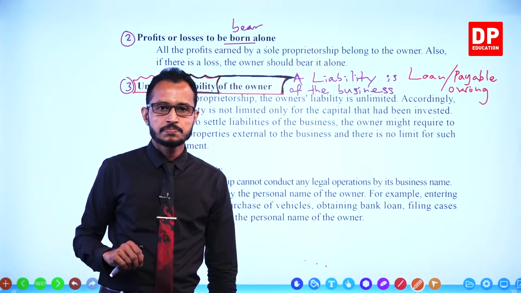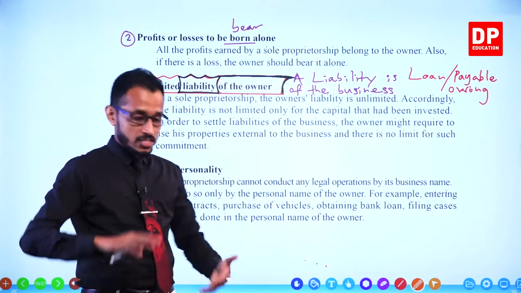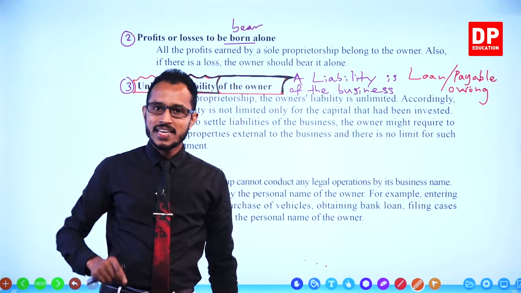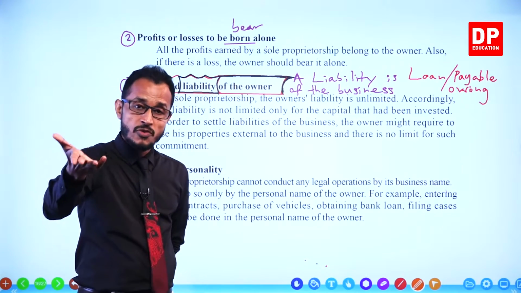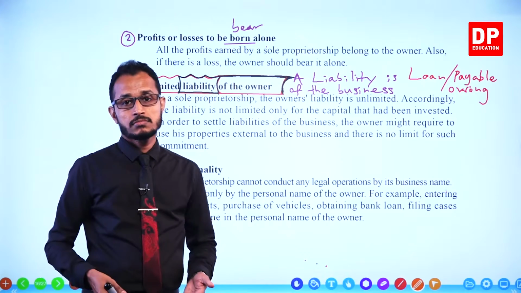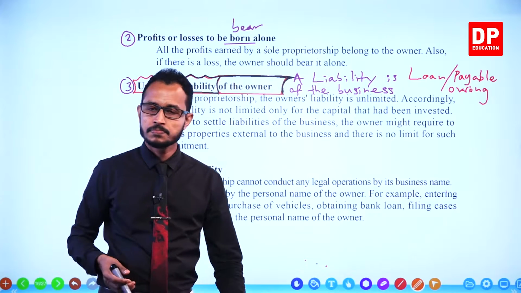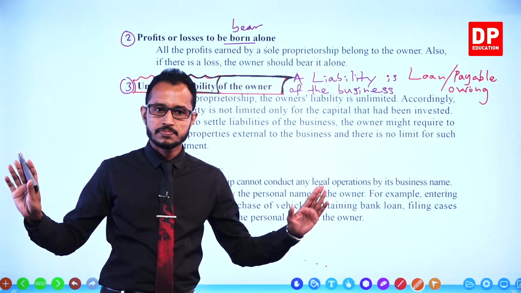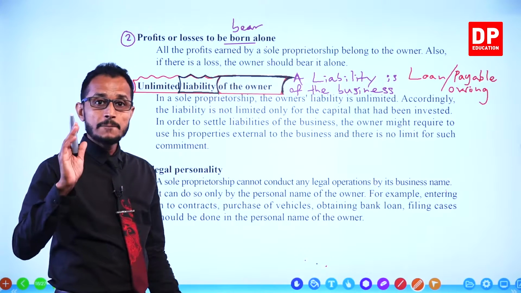He can't say that. Siripala can't say that. Being the owner, he is bound by the business liability. He has to at least sell his phone or his food cycle or whatever he has, and he has to pay it back. End of story. That is called unlimited liability.